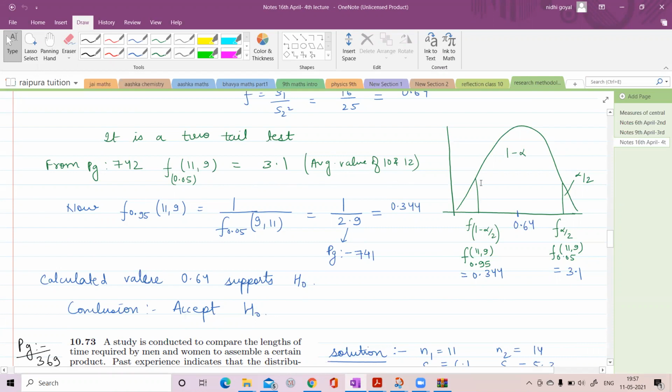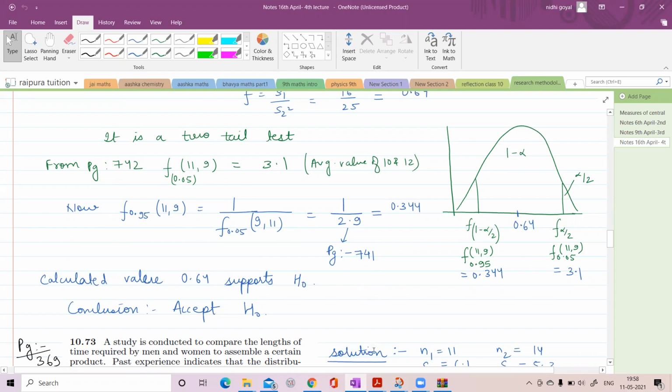Now for the other critical point, we have to calculate the value of F for 11 and 9 at 1 minus alpha by 2. Alpha by 2 was 0.05, and after subtracting from 1 it is 0.95. So we have to calculate F of 11, 9 at 0.95. From the formula seen above, it will be 1 upon F at 0.05 for 9, 11, which can be found from the table on page number 741.